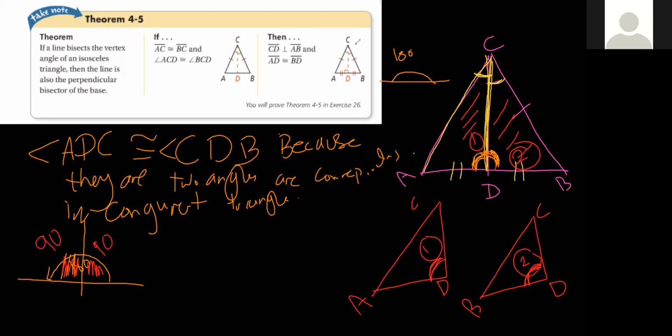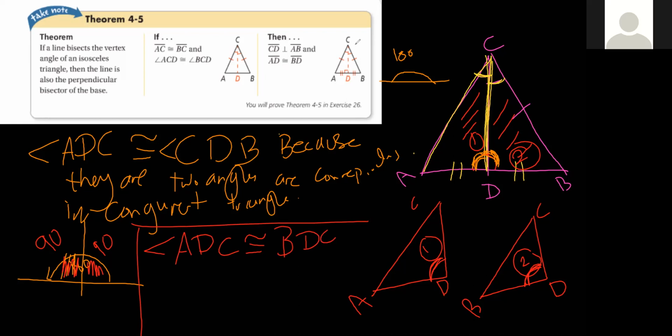Yes. That's it. Then I will write now that angle ADC is congruent with angle BDC.